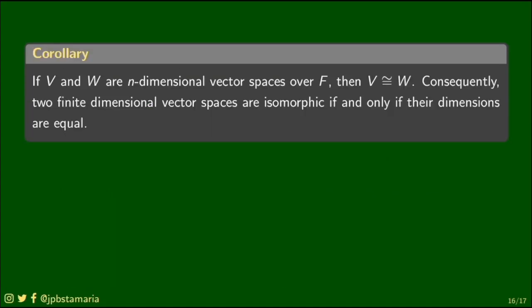And as a corollary, if you have two vector spaces V and W, both n-dimensional over F, it turns out that they are isomorphic to one another. To see this, take note that V and W are each isomorphic to Fn by the previous theorem, so you can get these isomorphisms, phi1 and phi2.